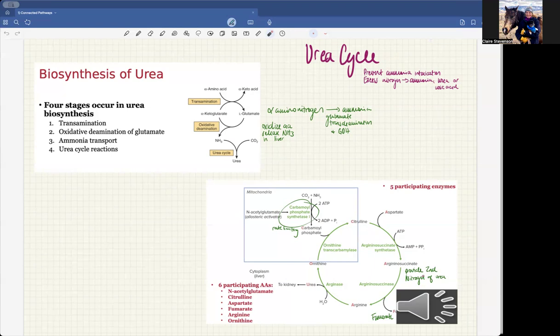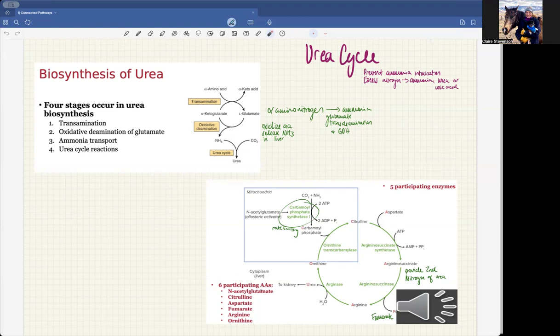And then citrulline will make argininosuccinate, which is what provides the second nitrogen for urea, before argininosuccinase converts it into fumarate and arginine. Arginine then is converted by arginase into urea with the help of water.